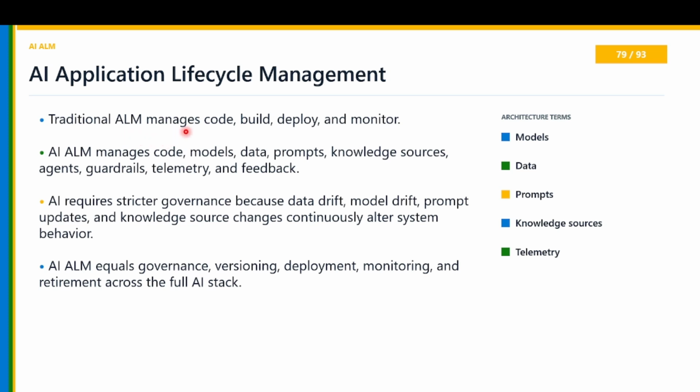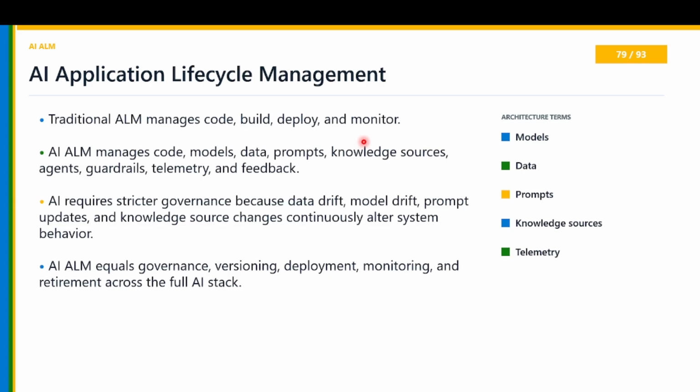We have traditional ALM, which manages code, build, deploy, and monitor. We have said several times that an agentic AI system is more complex than a traditional application. In a traditional application, you only have your code and your application.